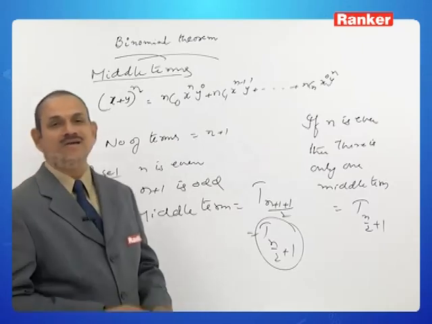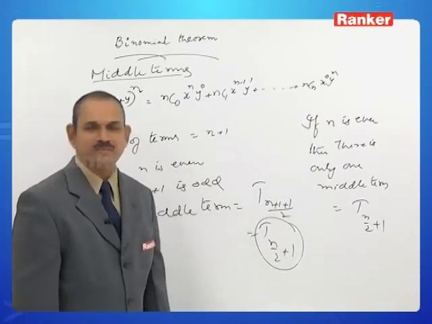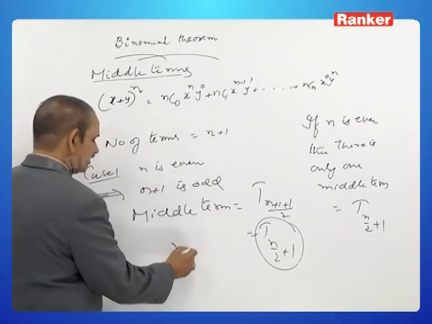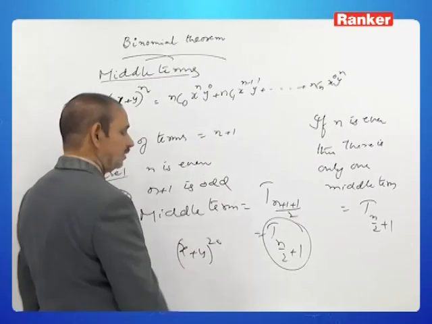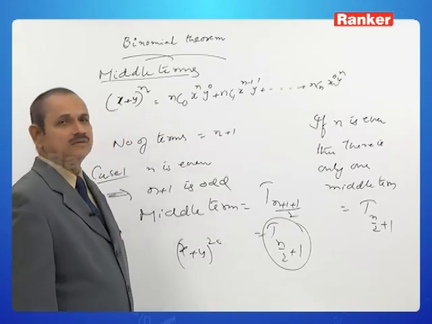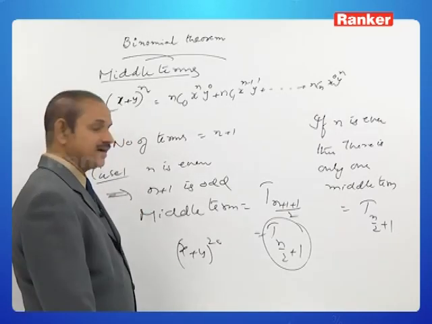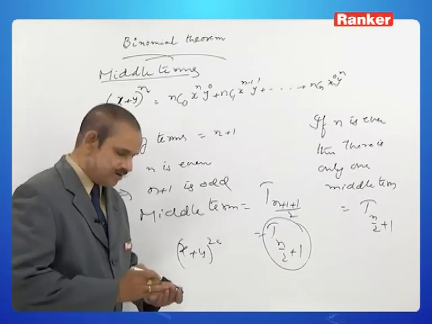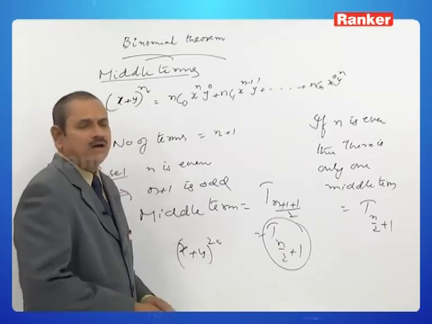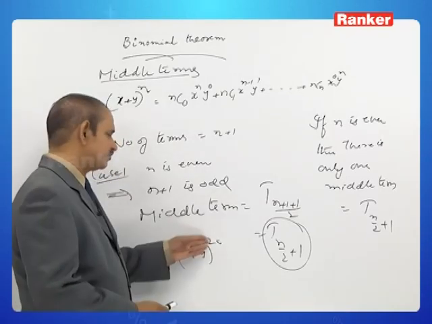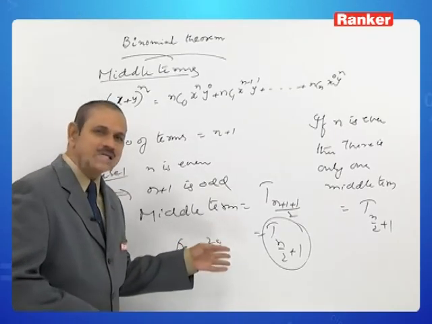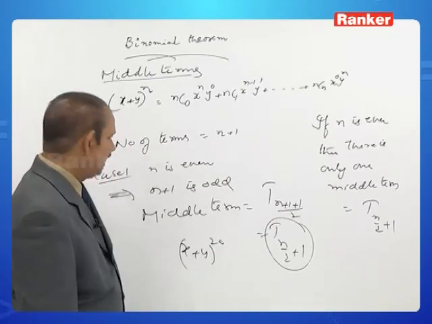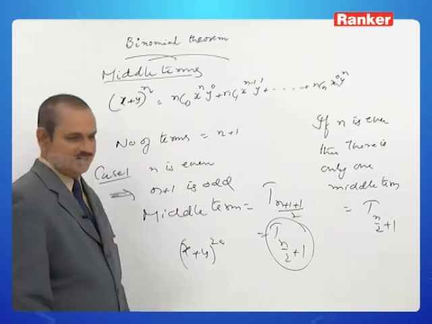T of (n by 2 plus 1) is the only middle term in the expansion. How many middle terms are there in the expansion x plus y whole to the power of 20? N is even. So, there is only one middle term. What is that? T of (20 by 2 plus 1), that is T11. 11th term is the middle term in this expansion. In a similar way, if the exponent n is even, then there is only one middle term. Let us now observe the other case.